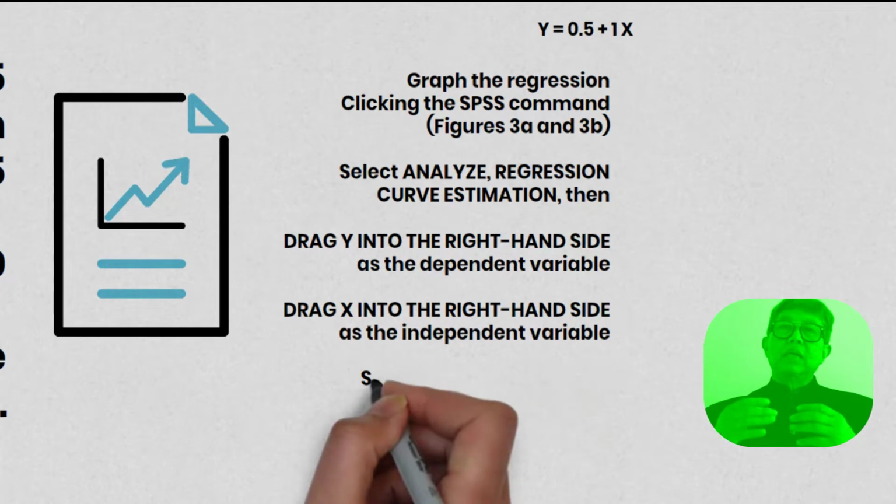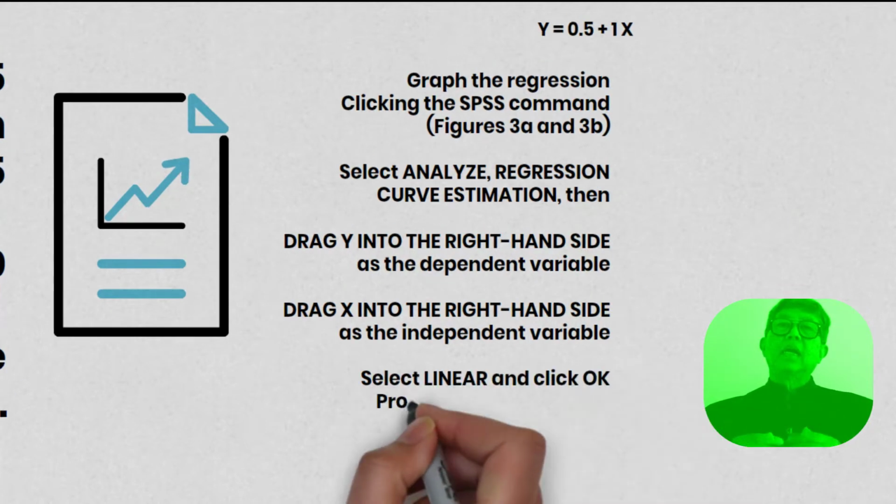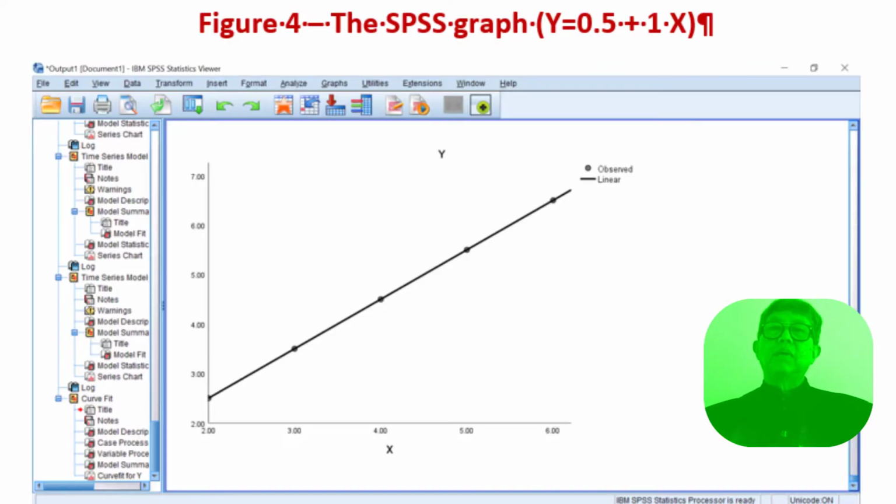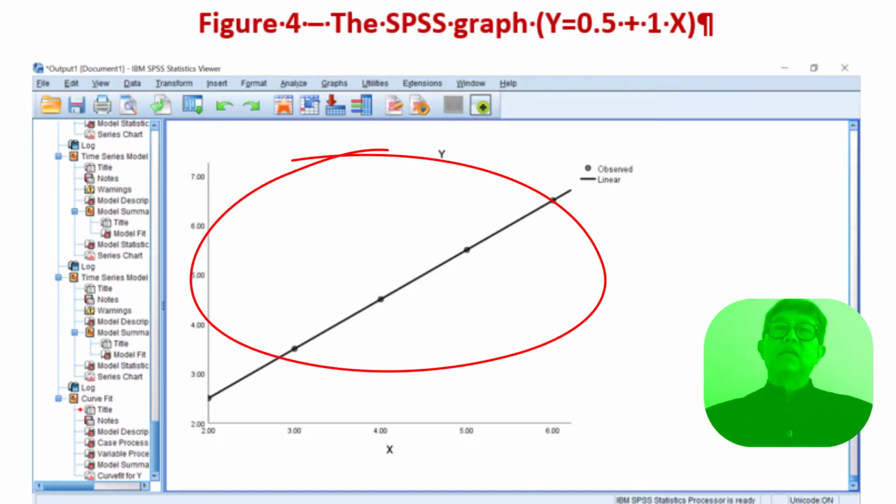Then select linear and click OK, which will produce the SPSS output in figure 4, the scatter diagram. You look at it. What is the pattern? This is the first task.